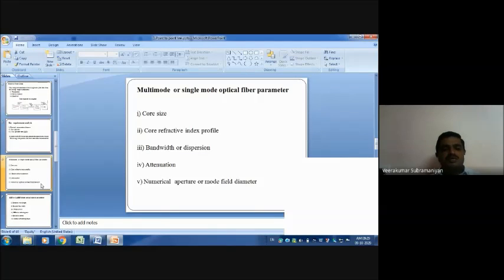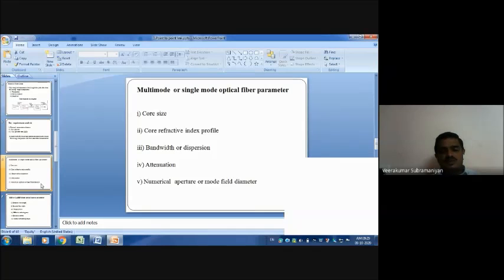Then bandwidth or dispersion: how much bandwidth you have to select. By selection of that particular bandwidth, how much loss, pulse broadening or pulse overlapping, is produced. That's called dispersion. Then the fourth one is attenuation, based on the selection of the above three, how much attenuation is produced. Then the fifth one is numerical aperture, the light gathering capacity of the optical fiber.